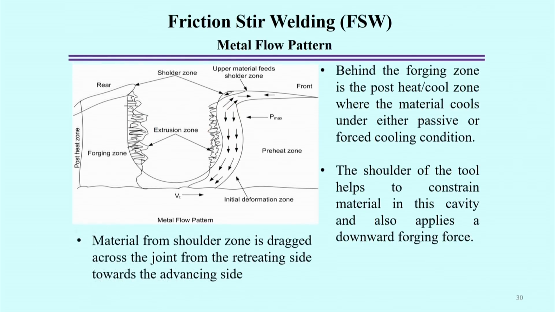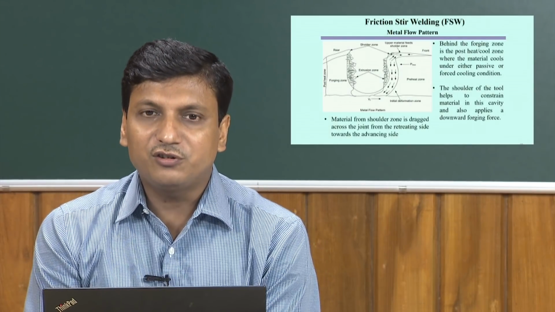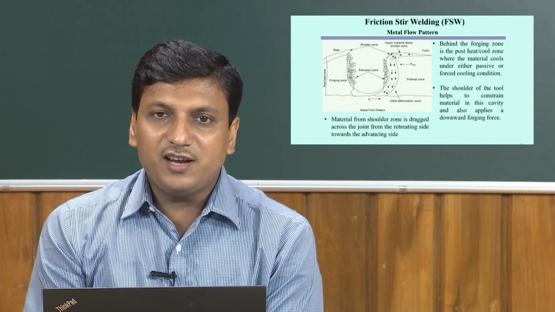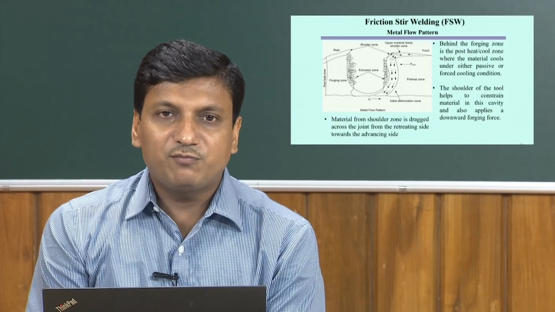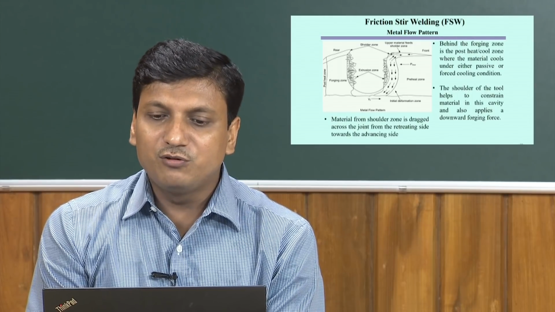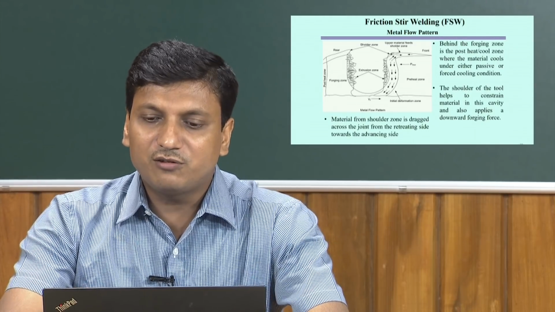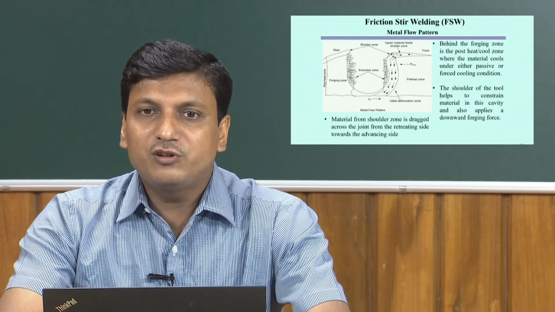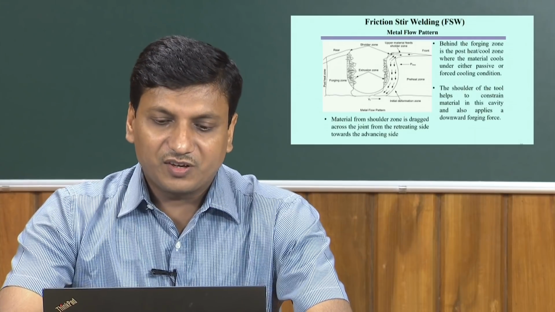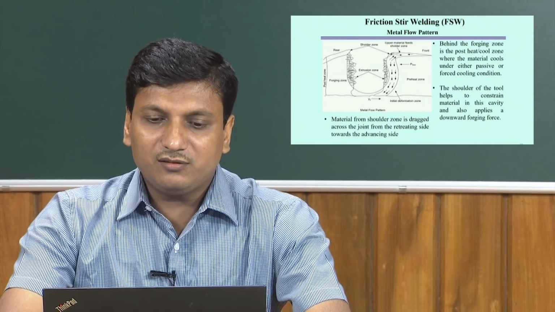So, apart from this extrusion zone and this forging zone, behind that there is a post heat zone, or maybe cool zone, where the material cools down under either passive or forced cooling conditions.